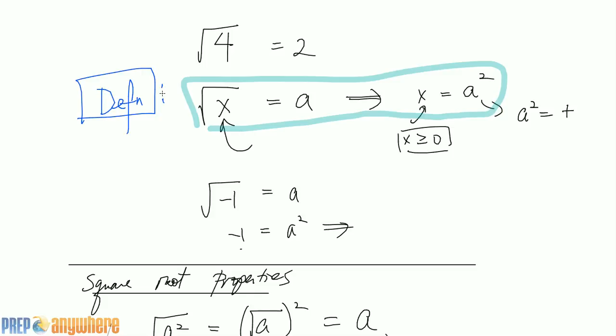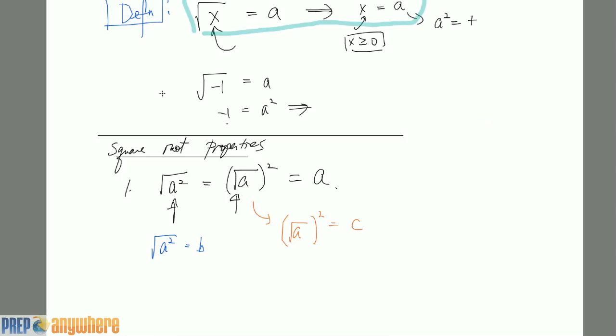I know you guys kind of know it in your mind, but it's always best to write down the exact definition. Using the definition, I can say that inside the square root, a squared, by definition, is equal to b squared, which means in this case a is equal to b.